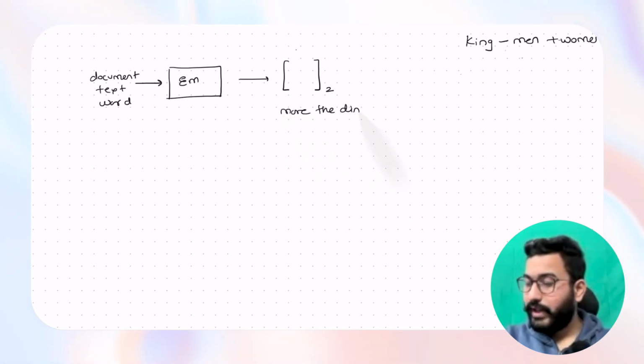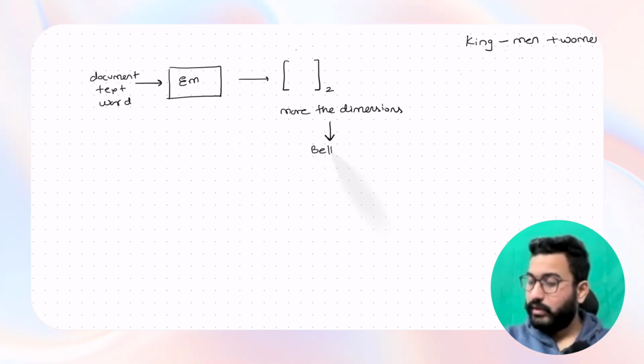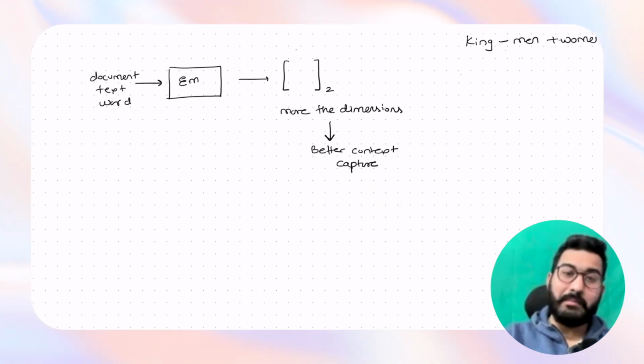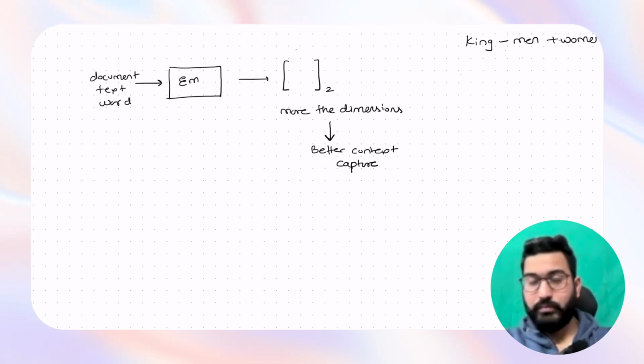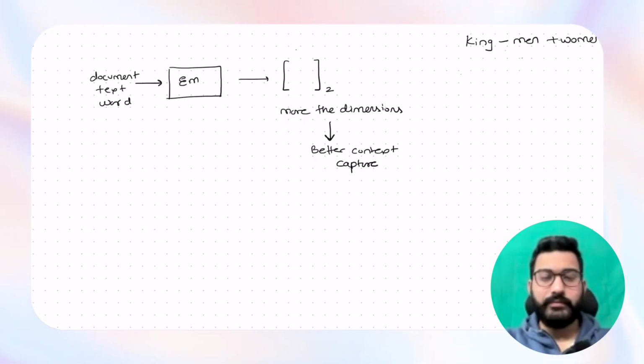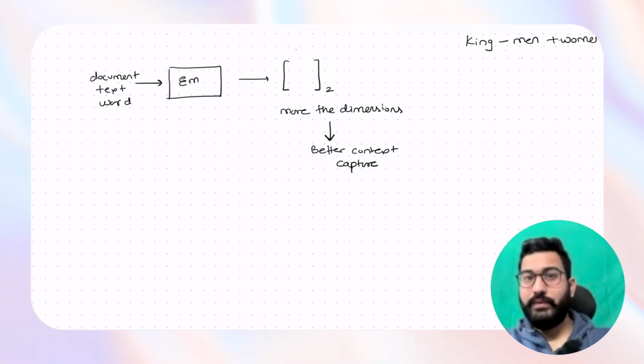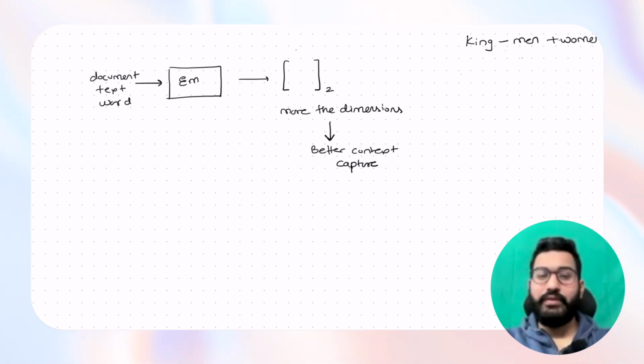The advantage is, the more the dimensions, the better the context capture. Which basically means if you keep the dimensionality high, you are able to capture more meaning of the words in the sentence, and then the searching operation or all the operations that you will do on this vector will be super good and efficient.